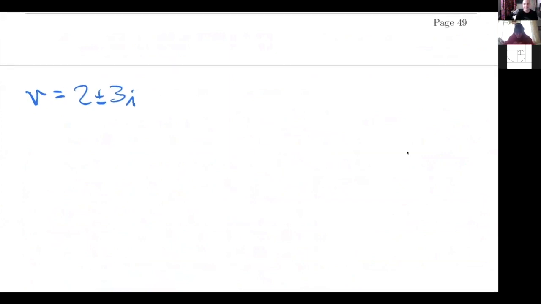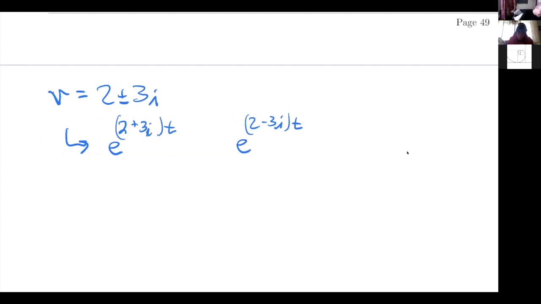Okay, so this is what I wrote over here. So let's say we find our root is 2 plus or minus 3i. And from Euler's formula, just to kind of go through this really carefully, there's one solution, and this would be another solution.